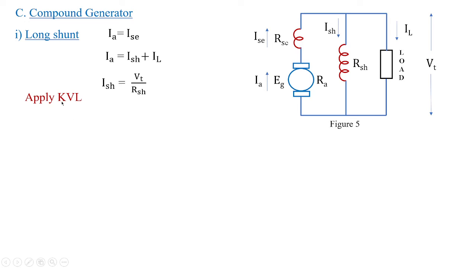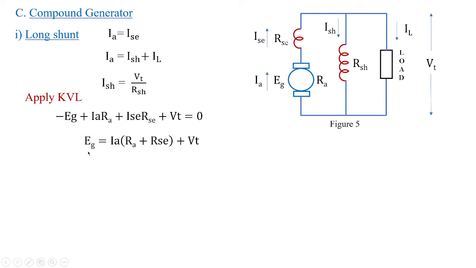Fine. Now apply KVL to the external circuit. In the external circuit, you have the machine with series field winding, and you have the terminal voltage. Hence, minus EG plus IA RA, the drop inside the machine, plus ISC RSC, the current flowing through the series field winding, plus terminal voltage is equivalent to 0.